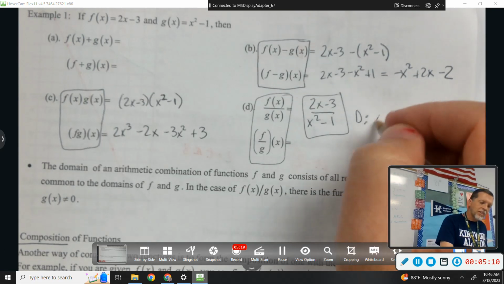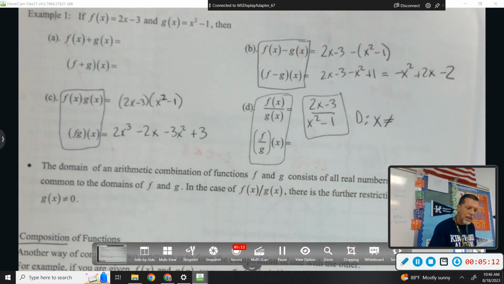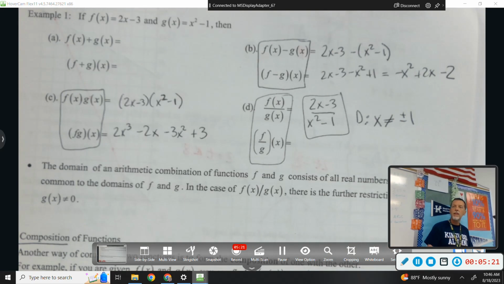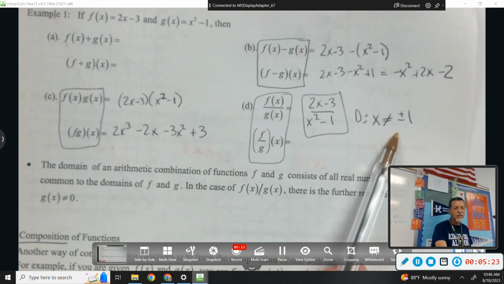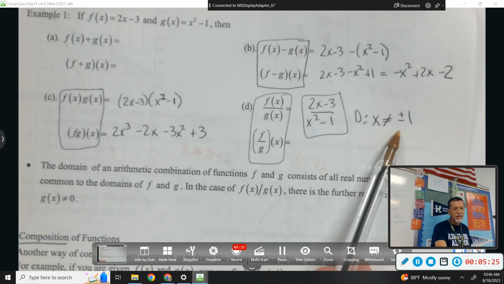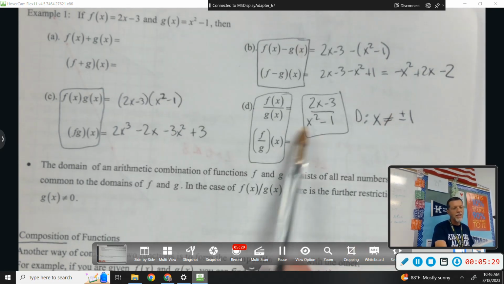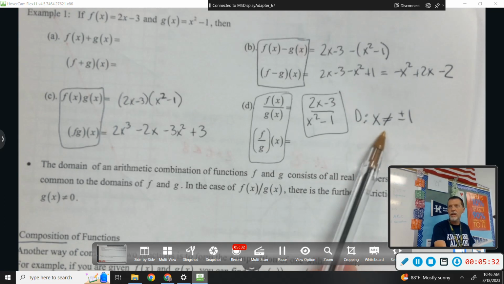So x can't be, what would make that denominator 0? Plus or minus 1. You could factor to get there, set it equal to 0, or just look at it and figure out that if I plugged in 1 or negative 1, I'd be dividing by 0, and I can't do that.